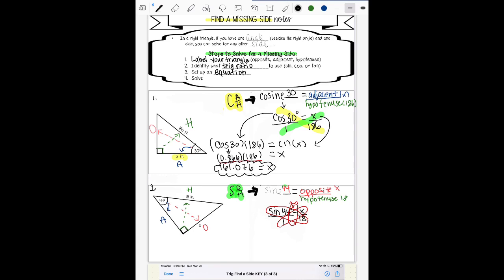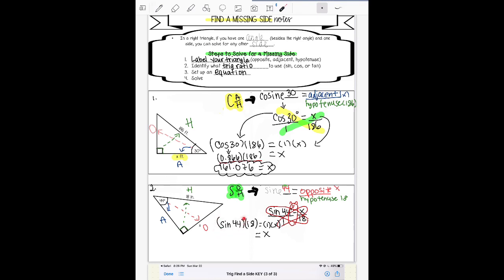So this basically means that I'm going to get the sine of 44 and multiply it by 18. And that's going to equal 1 times x. And the right hand side is the easiest because 1 times x is just x, right?